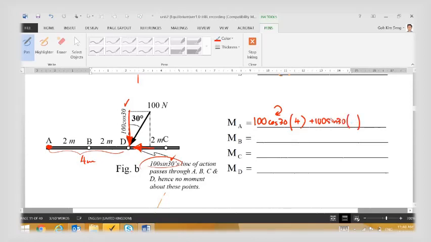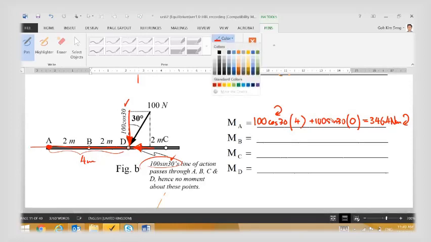What would that perpendicular distance be? If you are thinking that it's equal to nothing, you are correct, because if you produce the line of action of this component, it passes through point A. So point A, the point you take moments about, lies along the line of action of the force, so there is no perpendicular distance. This gives us an answer of 346.4 Newton meter, and it is clockwise.